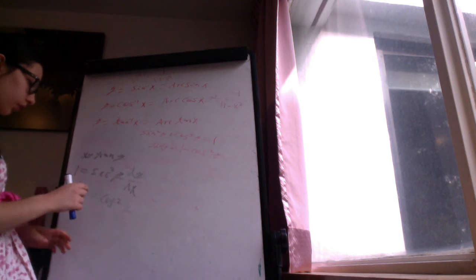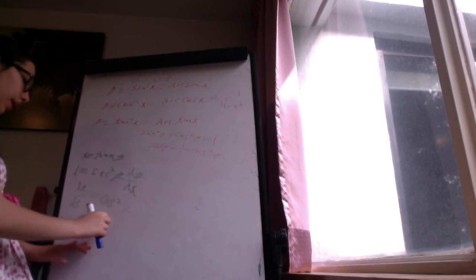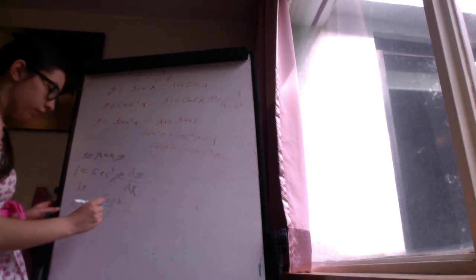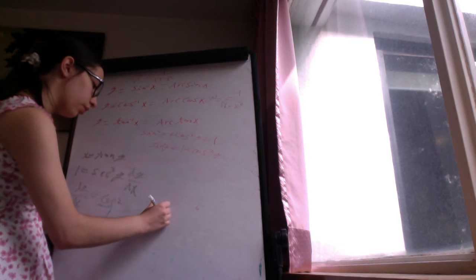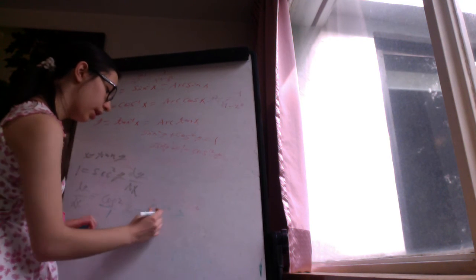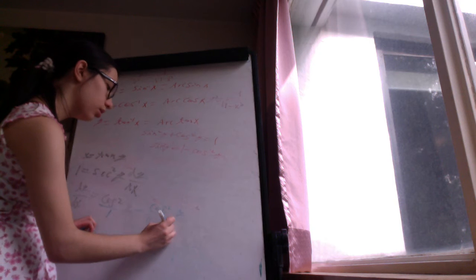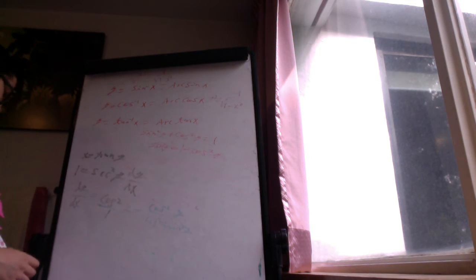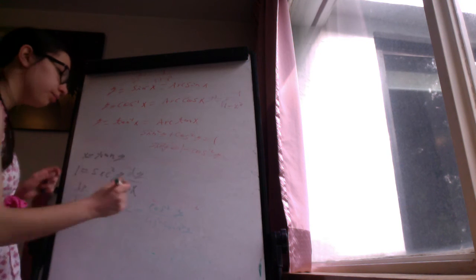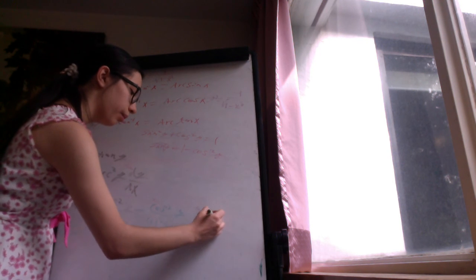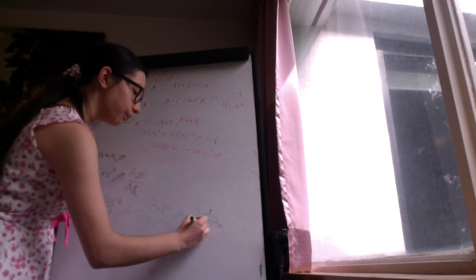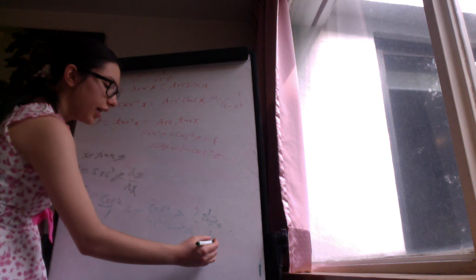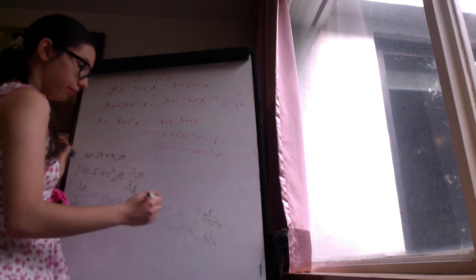Now we have cosine squared y divided by 1. We can put it as cosine squared y divided by cosine squared y plus sine squared y. And now we can multiply this by a convenient 1: 1 over cosine squared y, all divided by 1 over cosine squared y.